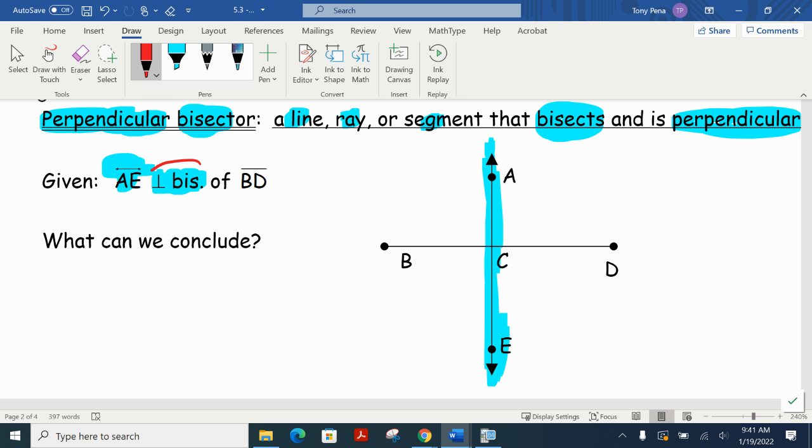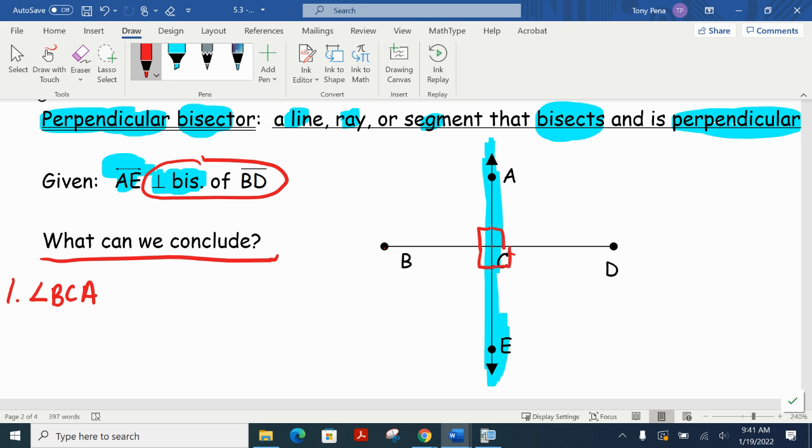So when you see that it is the perpendicular bisector of BD, there are a number of things that we can conclude. One of them is this idea of perpendicular. That means all four of these angles right here have to be 90-degree angles. All right. So the first thing we're going to write is that angle BCA.